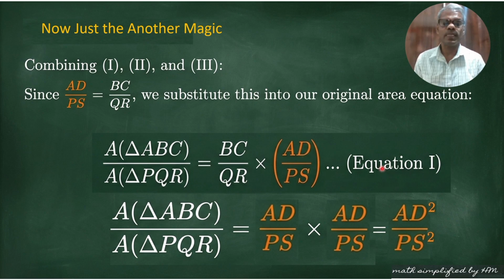This is equation 1. Now we replace BC upon QR with AD upon PS. We get area of triangle ABC upon area of triangle PQR is equal to AD upon PS into AD upon PS gives AD square upon PS square.